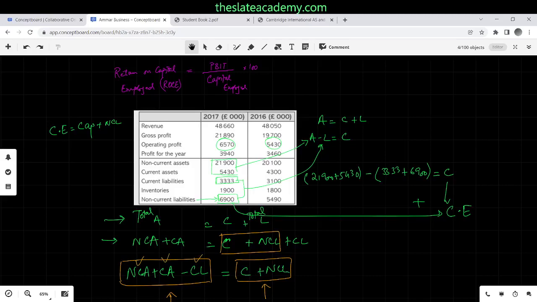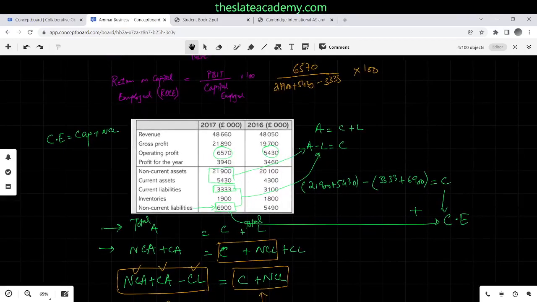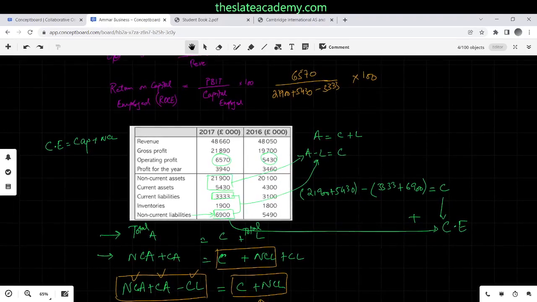For 2016, their return on capital employed will be 6570 divided by capital employed, which was how much? 21,900 plus 5430 minus current liabilities, which is how much? 3,3. This multiplied by 100 will give me the return on capital employed for this business.